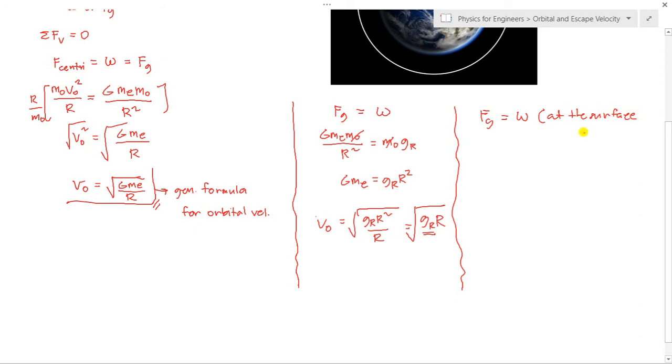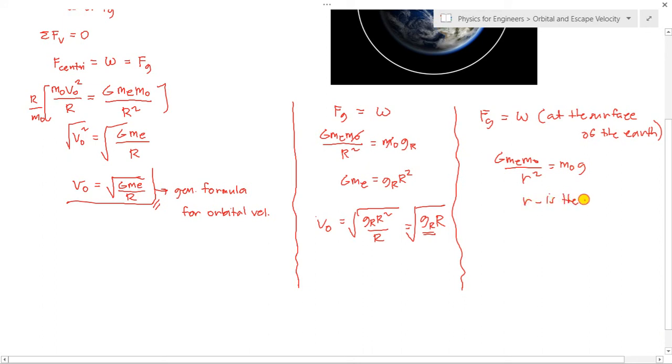At the surface of the Earth we have the relationship G, M, E, M, O all over the surface radius, small letter r squared, is equal to the mass of the object times the gravity. So let's assume that R is the radius of the Earth.